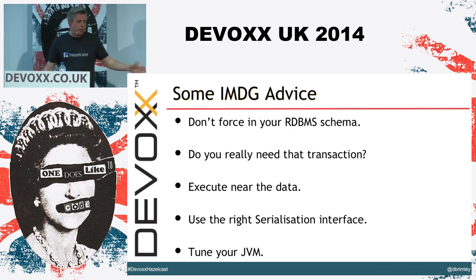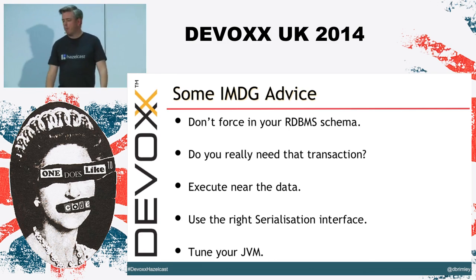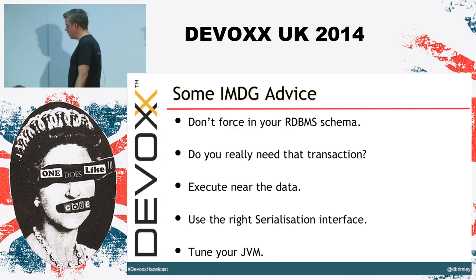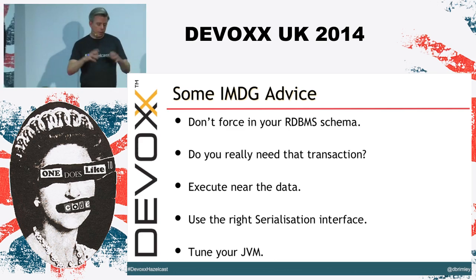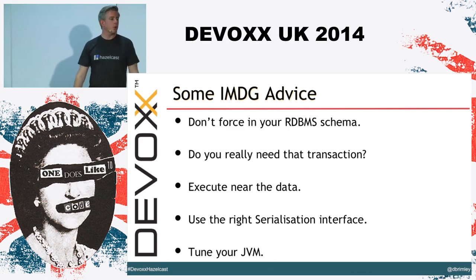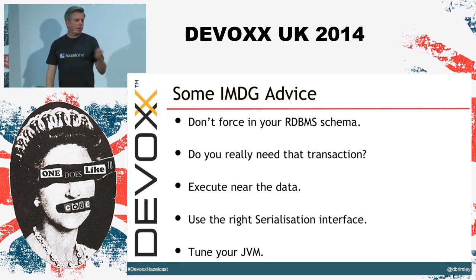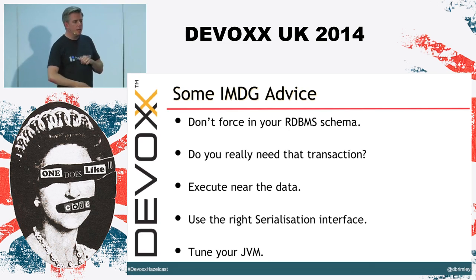And then finally, think about your JVM and what it's doing. Garbage collection is going to kill you, right? We all know that. But think about the cluster and the JVMs inside the cluster. What's happening to them? What data structures have you got stored on them? Have you got data that's ticking really fast? There's maybe a small set of data, but it's ticking rapidly.